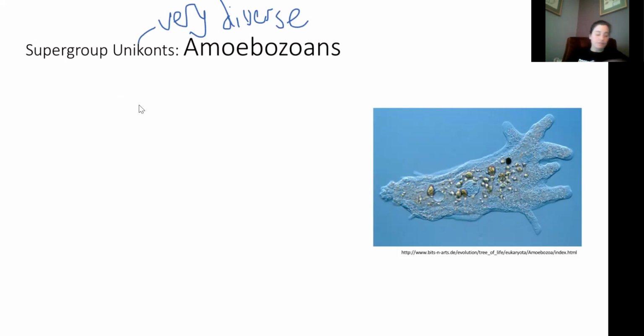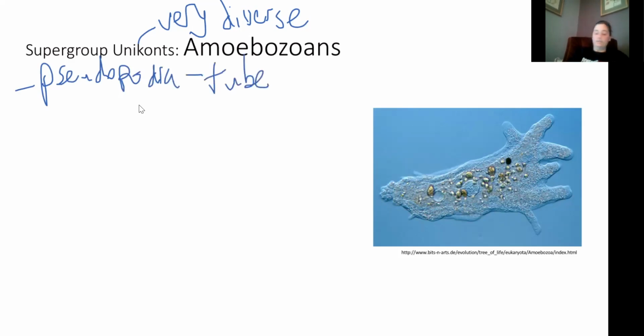So amoebozoans, they're amoebas, so they have pseudopodia. And their pseudopodia are bigger. They're kind of tube-like. These are pseudopods. And again, the cell is changing shape and moving the cytoplasm and changing its membrane to ooze its way to other places.